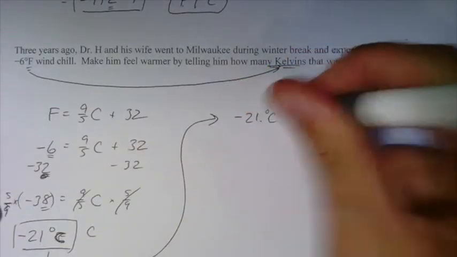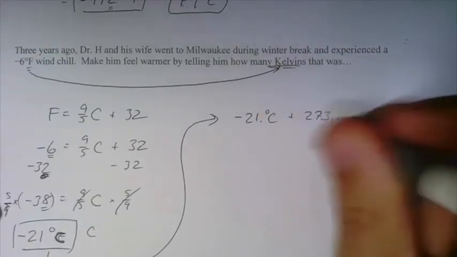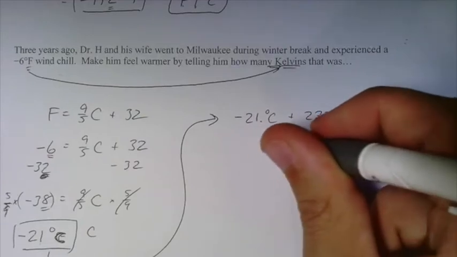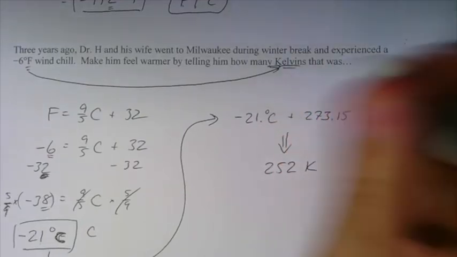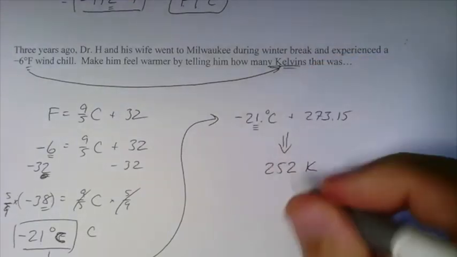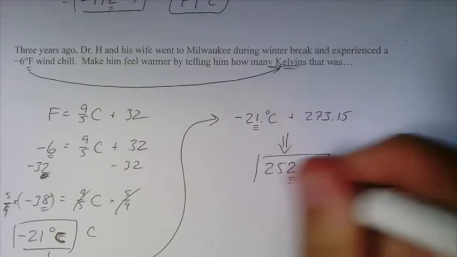Negative 21 degrees Celsius plus the 273.15. In this case, the 15 is kind of for show, and my result here is going to be 252 kelvins. Again, I'm uncertain of that 1, which means I'm uncertain of the ones place as well in my result.